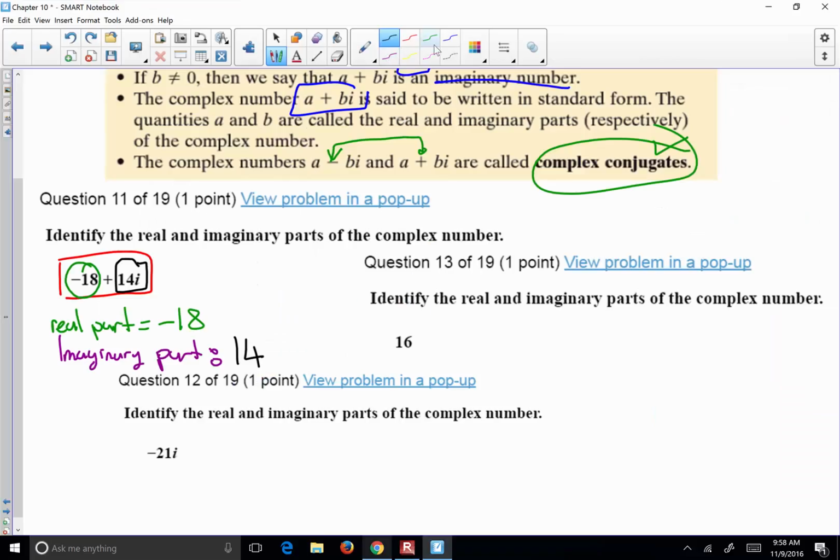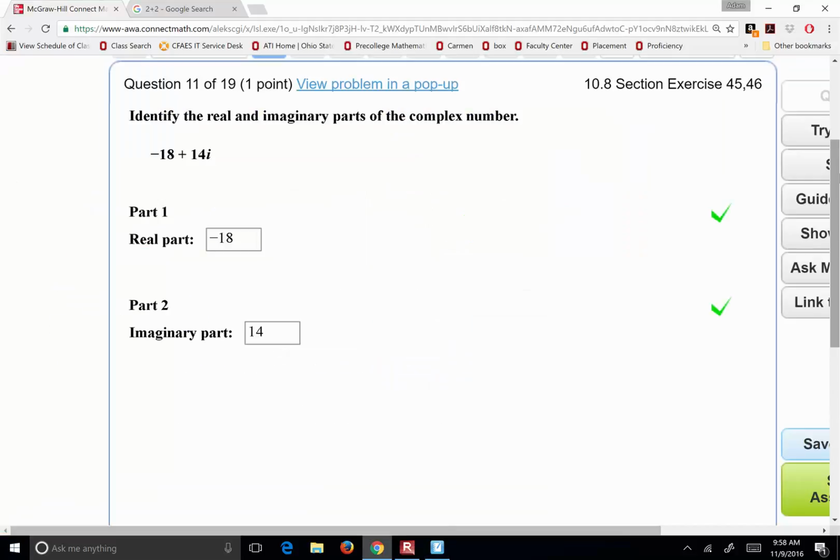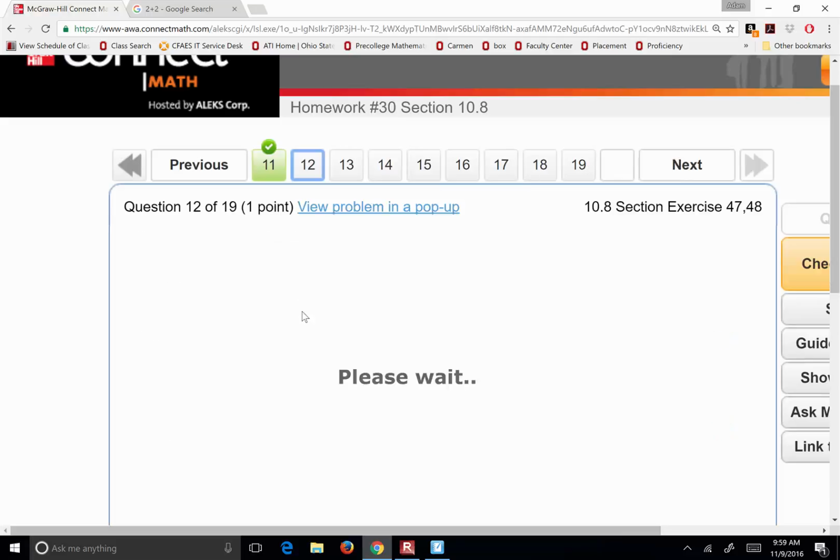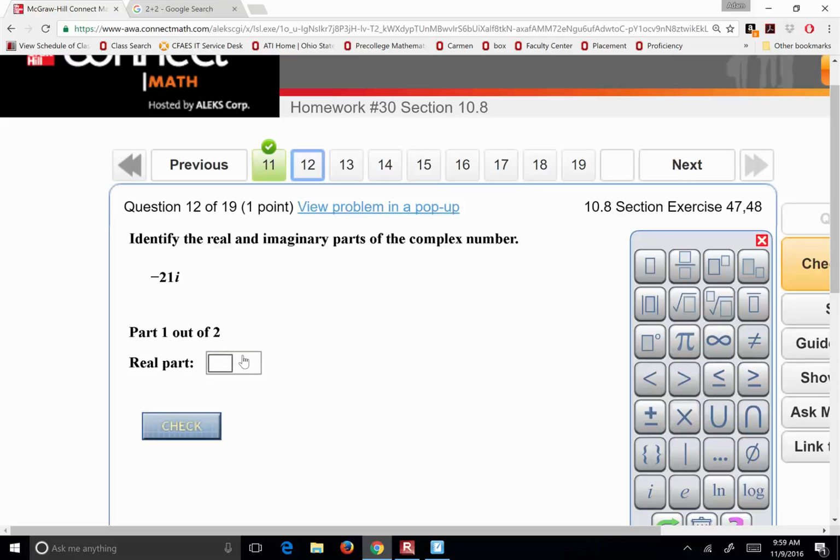Alright. Wow, this is shocking. I don't see any i's on this question. So, what are the real and imaginary parts? Can I still identify them? What is the real part? 16. The whole thing is real already, so it is 16. But what do we put in the imaginary part then? 0. 0, yes.